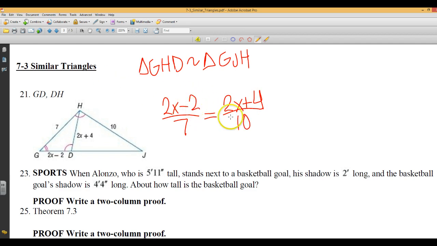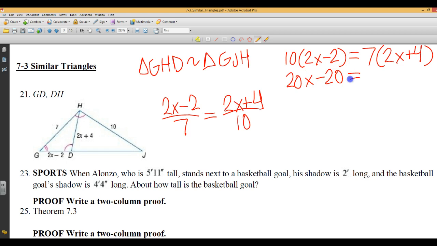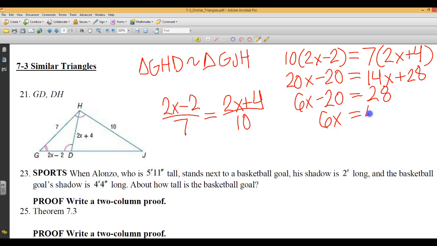From there we cross multiply, so we take 10 times the quantity 2x minus 2, and set that equal to 7 times the quantity 2x plus 4. And distribute. Next, we would subtract 14x from both sides, and add 20 to both sides, and divide both sides by 6.